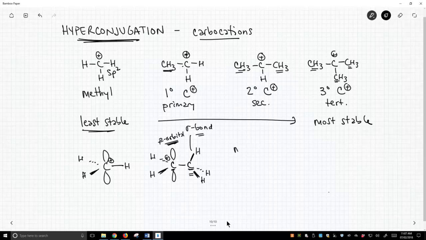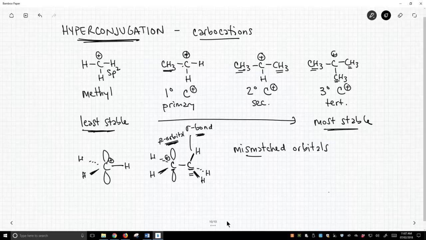These are mismatched orbitals. They don't have the same shape. A p orbital and a sigma bond don't have the same shape. Yet they are able to weakly interact and give an observable difference in stability. The tertiary carbocation is quite a bit more stable than the methyl carbocation.